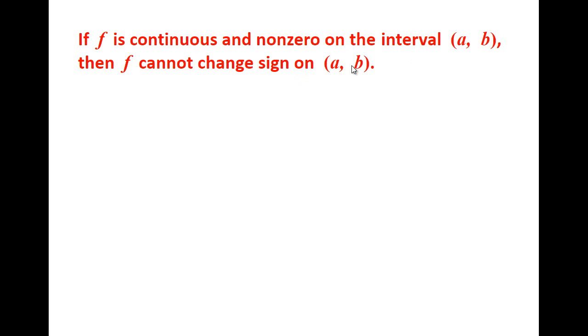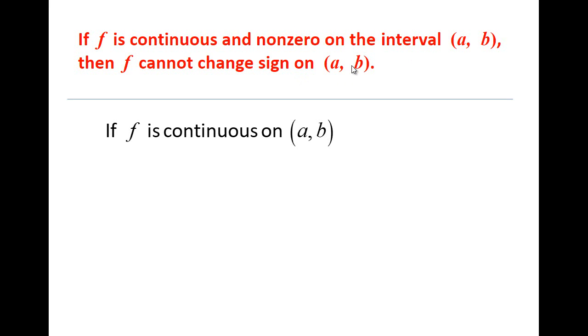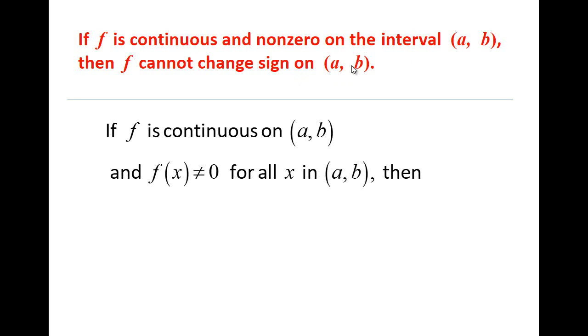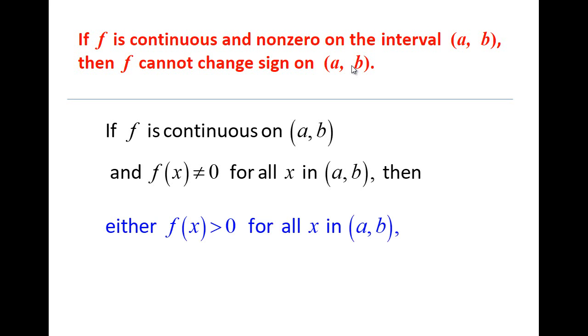So what we are saying is that if f is continuous on the interval from a to b, and if f of x is not equal to 0 for any x between a and b, then either f of x is positive for all x between a and b, or f of x is negative throughout the interval from a to b. So that is, on this interval from a to b, the function doesn't change sign.